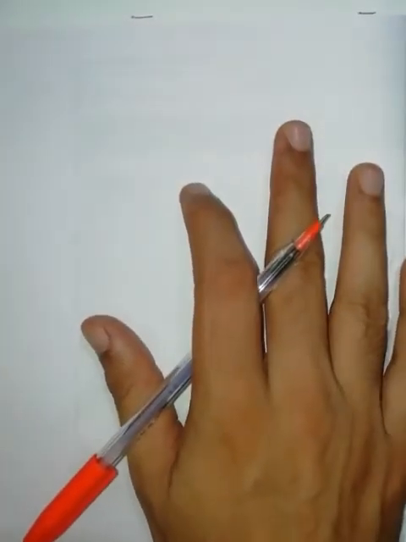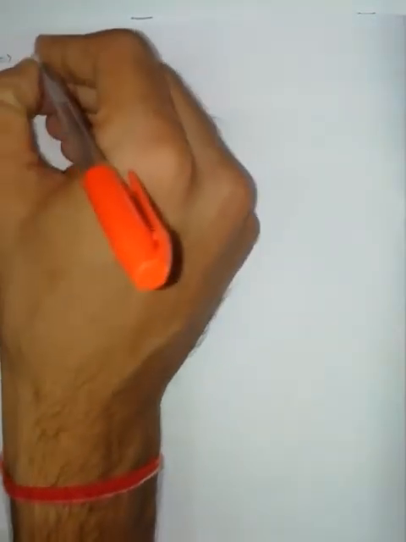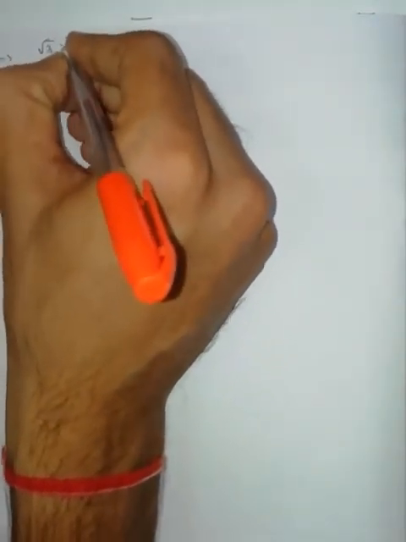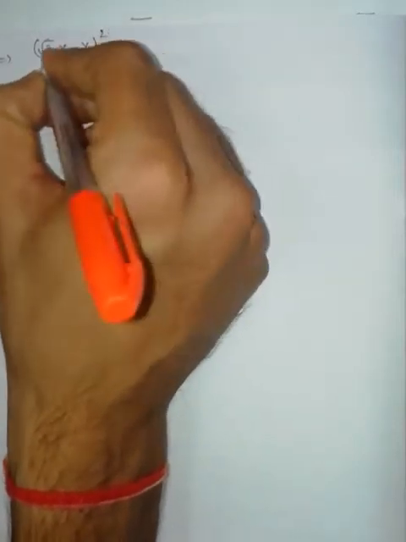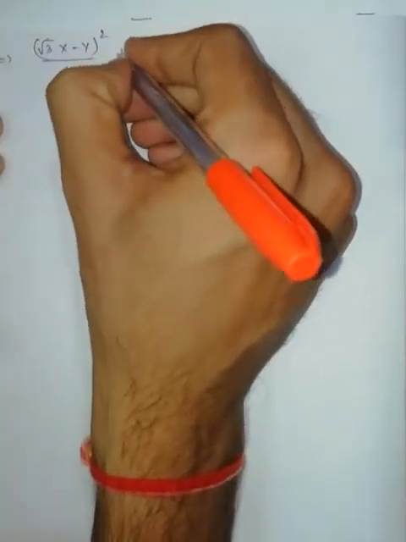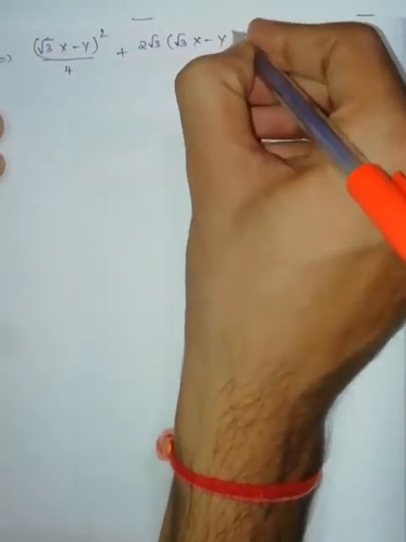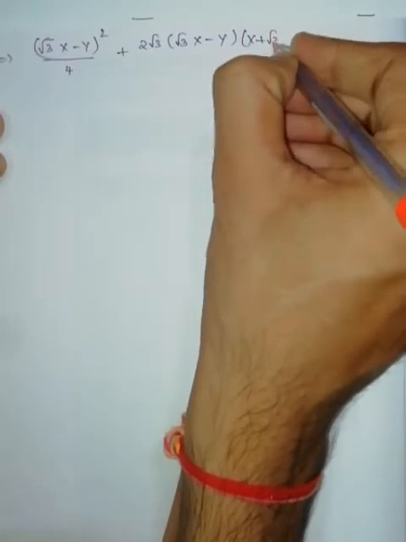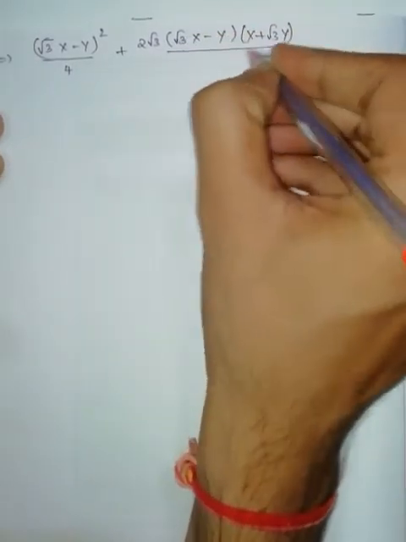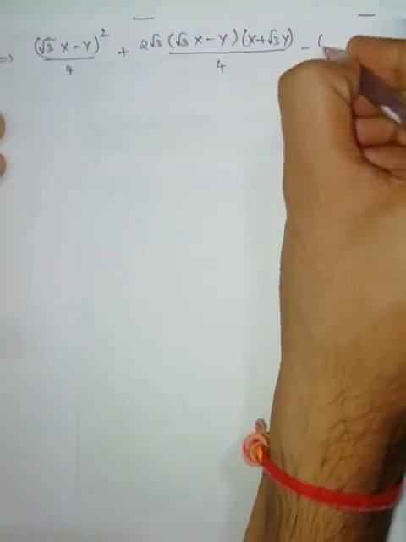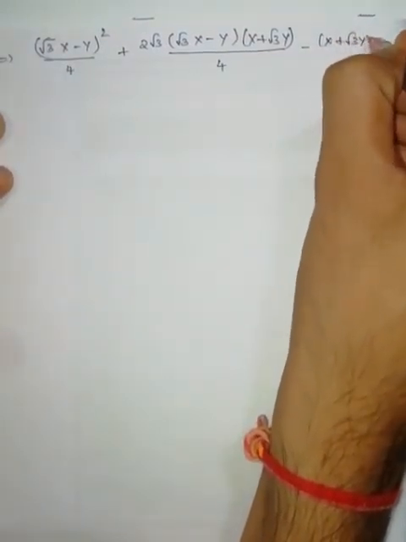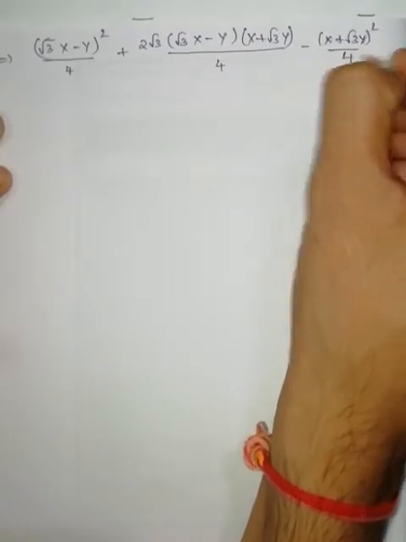Now this can be written as root 3 X minus Y whole square by 2 square, that is 4, plus 2 root 3 into root 3 X minus Y into X plus root 3 Y by 2 into 2 is 4, minus X plus root 3 Y whole square by 4, is equal to 2a square.